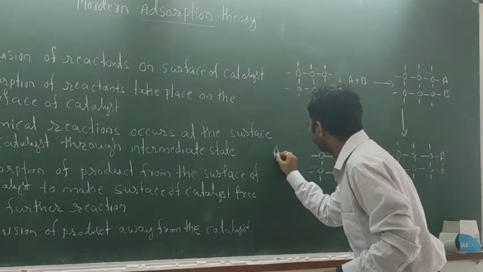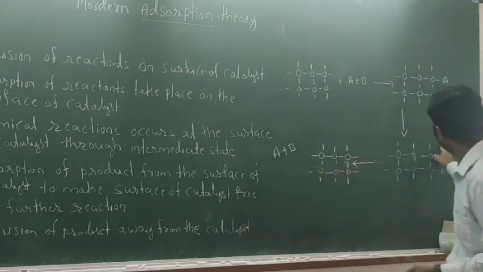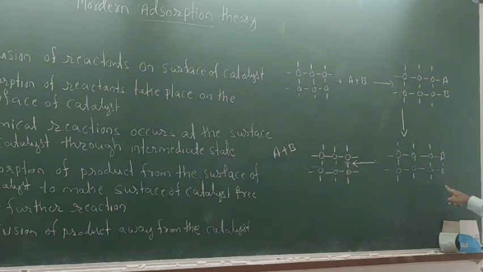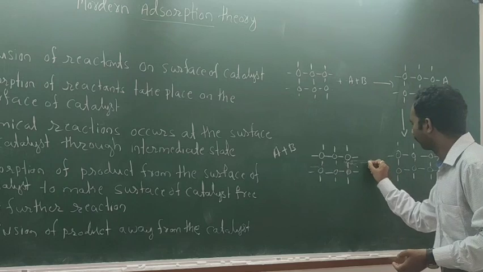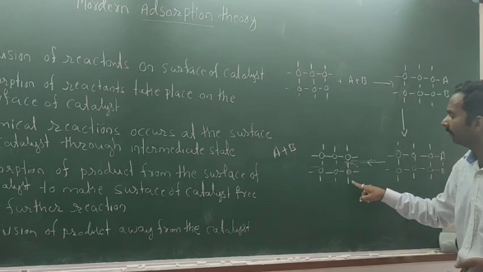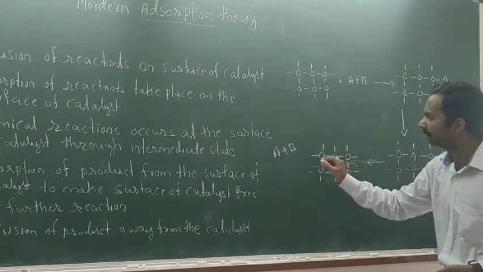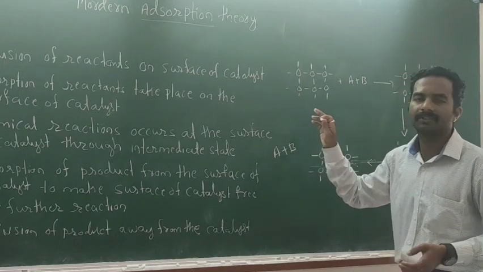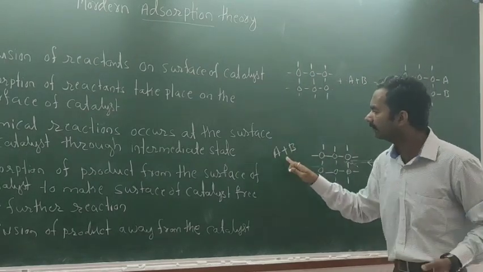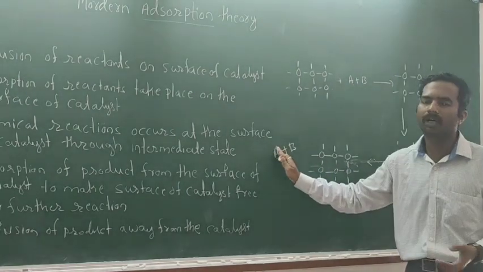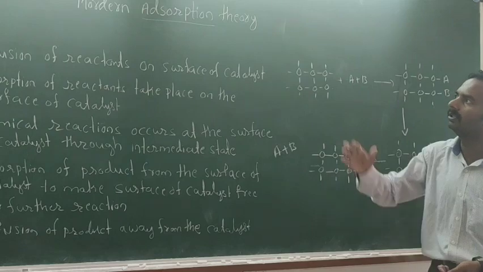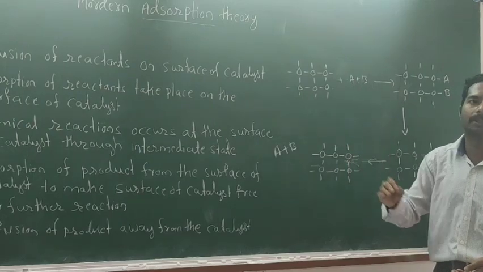Desorption of product from the surface of catalyst makes the surface free for further reaction. Fifth one, diffusion of product away from the catalyst. So this is about the Modern adsorption theory.